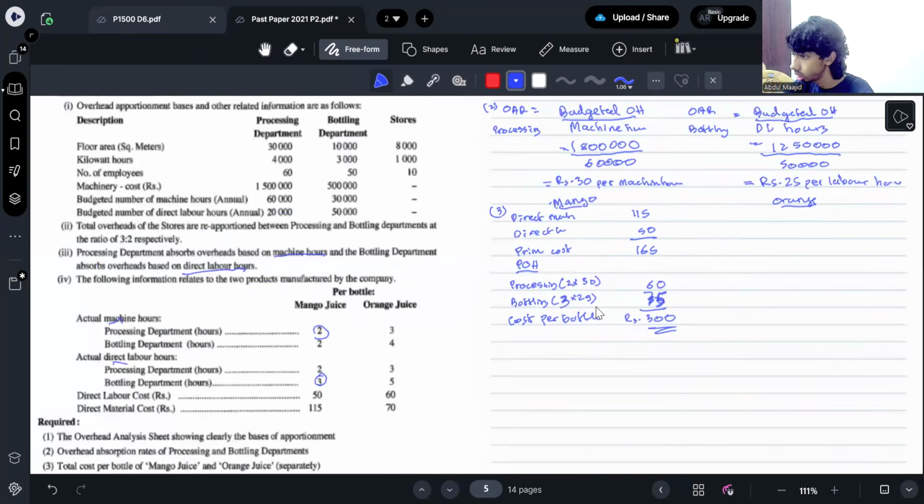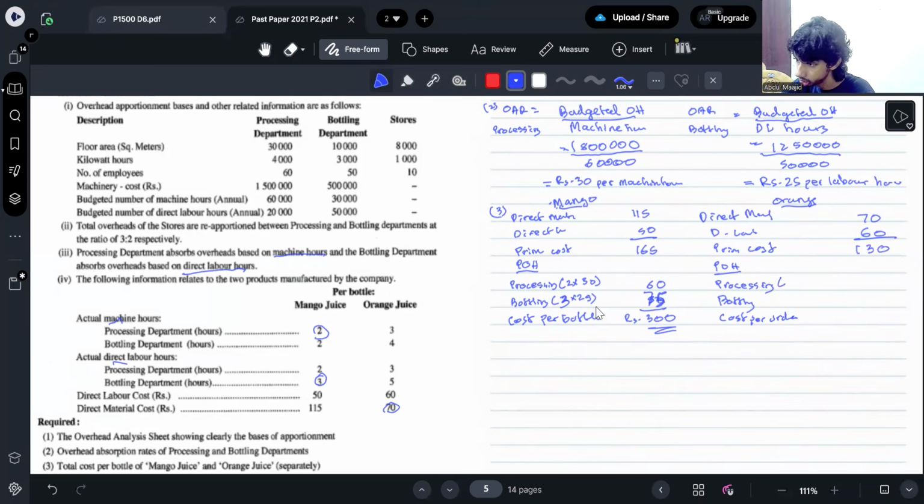Fourth, then orange juice: direct material, direct labor, prime cost. Then for that you have to add the production overhead. So in production overhead you have your processing department and the bottling department. Then you can get the cost per bottle. So direct material cost is 70. Direct labor cost is 60. Prime cost would be 130.